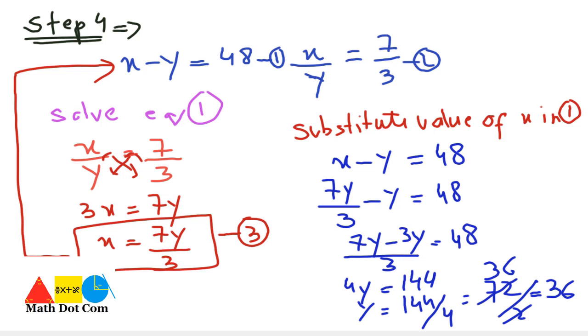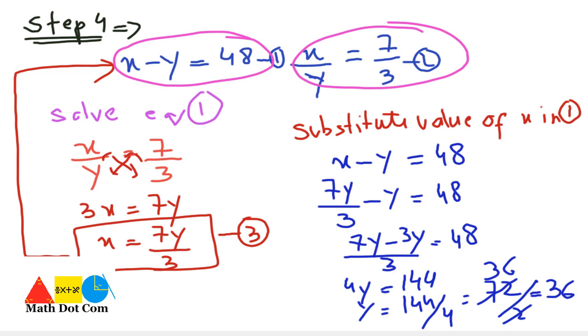Now we can put the value of y in any of these equations, in this one or in this one. You can put the value of y anywhere to find out x. So we will substitute the value of y in equation 3, that is the most appropriate to find out x. x is equal to 7 into 36 over 3.